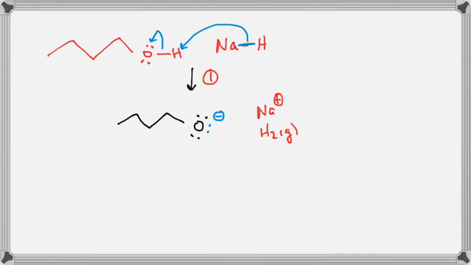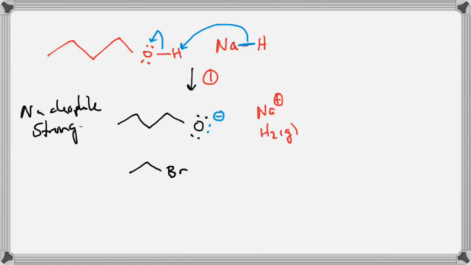If we then move to step 2, now that we've done this initial reaction, I've got my active nucleophile. Our alcohol is now a really good, strong nucleophile. We could then react it with, I think I did ethyl bromide.